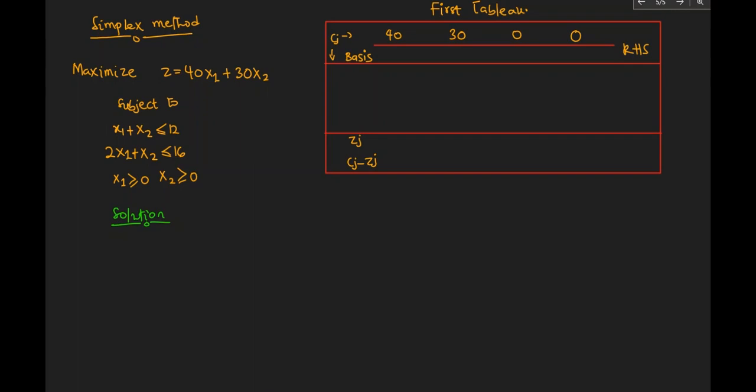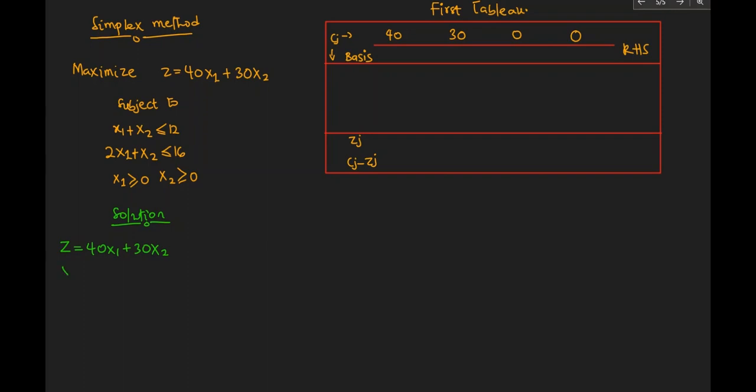To solve this question, the first thing I'll do is write down the objective function, and then change the inequality expressions to equality expressions. So we are going to have the objective function, which is z equals 40x1 plus 30x2, and then I'll change the inequalities to equality.